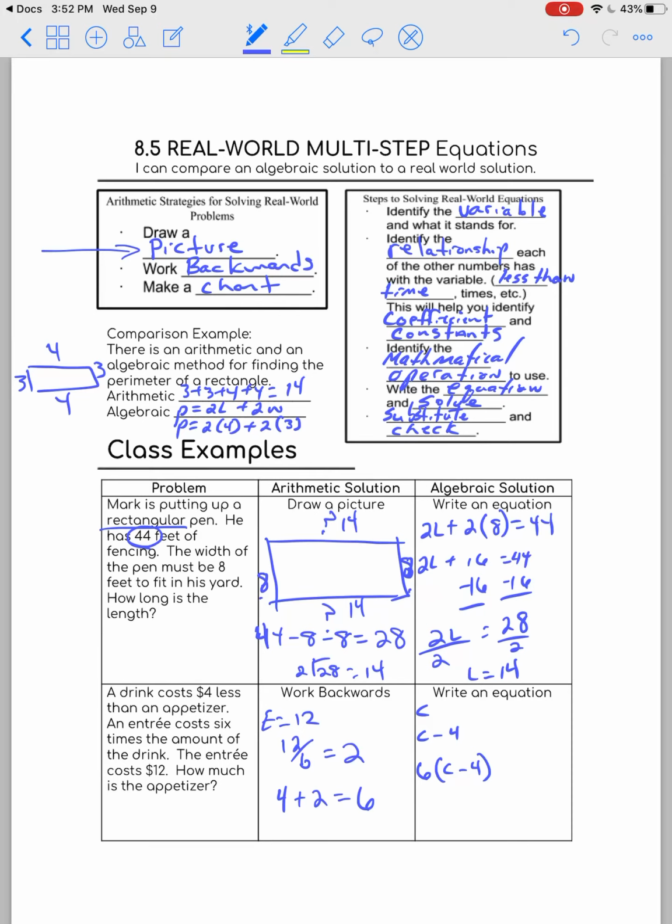The entree is also equal to $12. And now we can solve for C. We have to distribute first, so that gives us 6C minus 24 equals 12. We add 24 to both sides, that's 36. 6C divided by 6, C will equal $6.